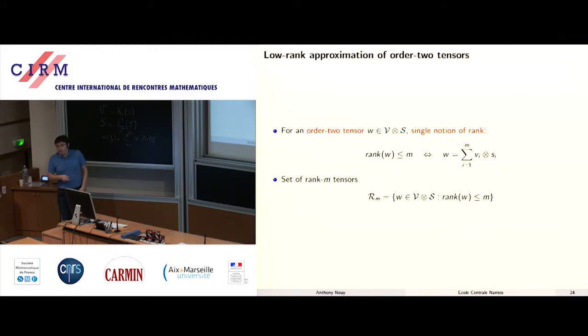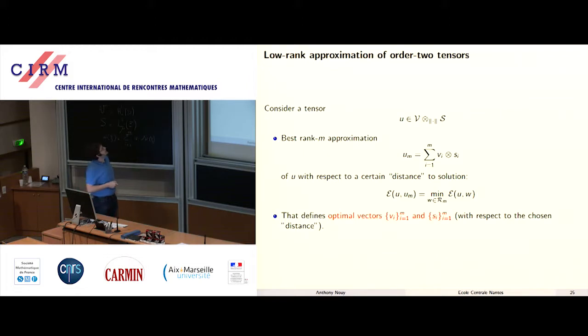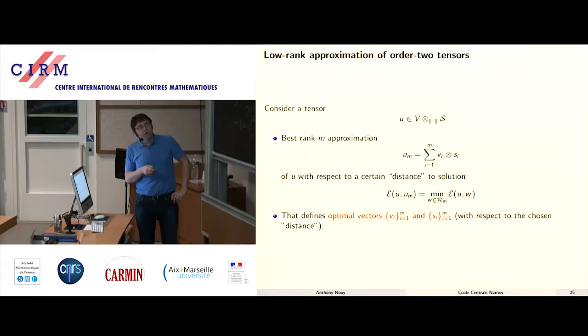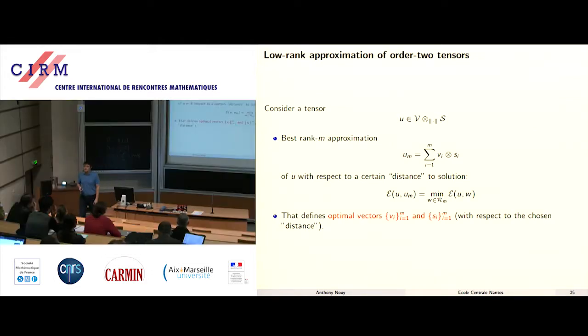You can define the set of rank-M tensors, the set of elements that have a bounded rank M. Then if you consider a tensor U that you want to approximate, the best rank-M approximation is something written like this, and you define it as the approximation that minimizes the distance to the solution in this subset Rm. It's a way to define optimal vectors. The optimal approximation defines M vectors in the space V and M vectors in the space S that best approximate the tensor U.